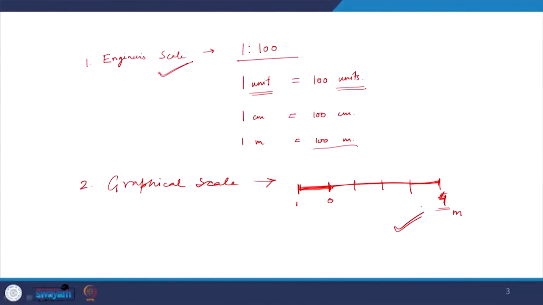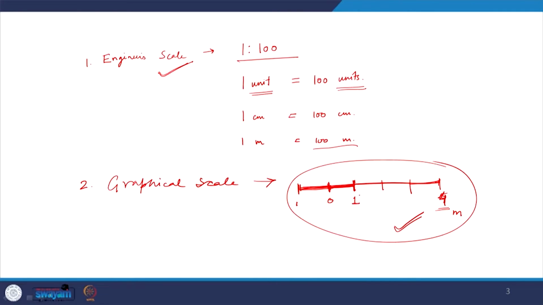So, to avoid that, they would draw a graphical scale like this on the same sheet of paper. If the paper would shrink, this entire scale would shrink simultaneously along. Of course, initially there would be a proper scale which would have been used, but whatever this unit is would remain the same and it would still mean 1 meter.